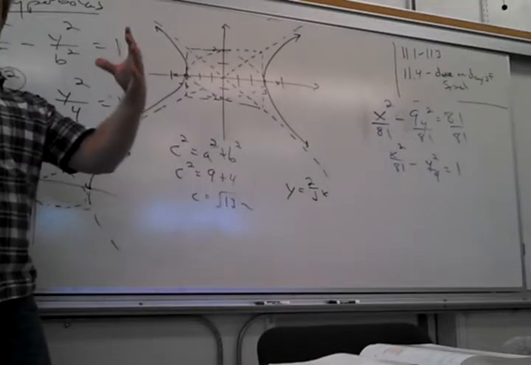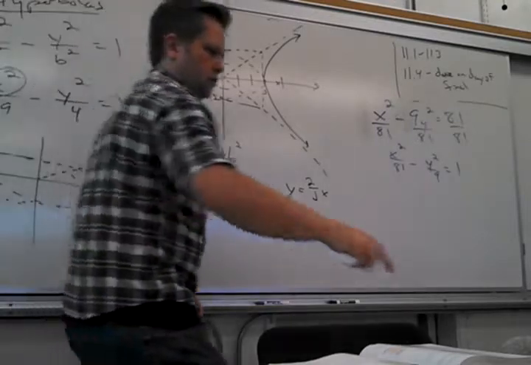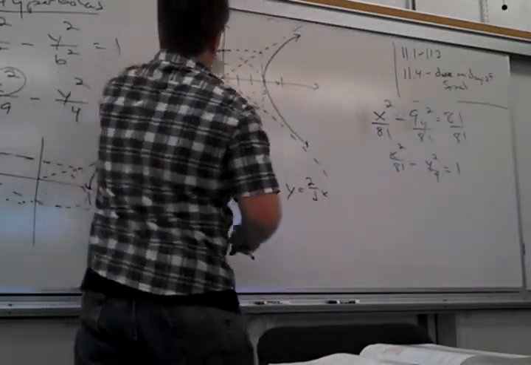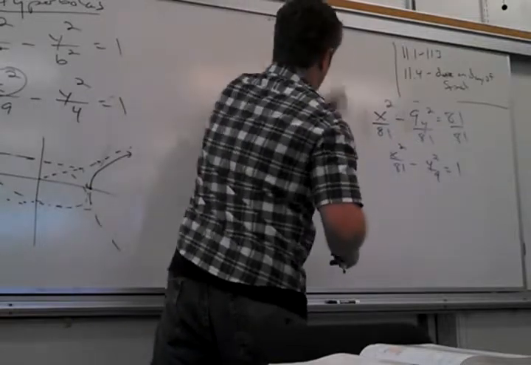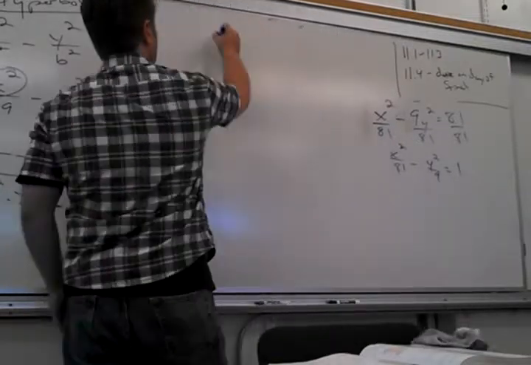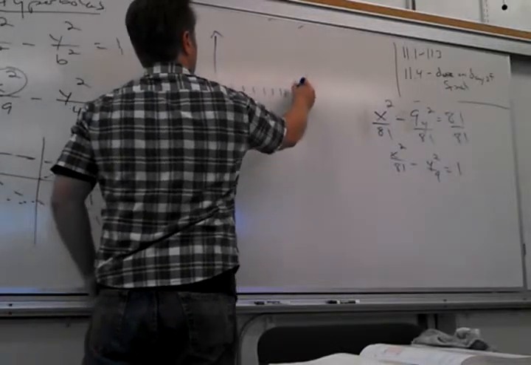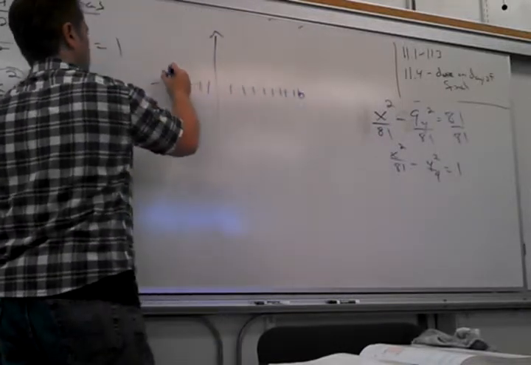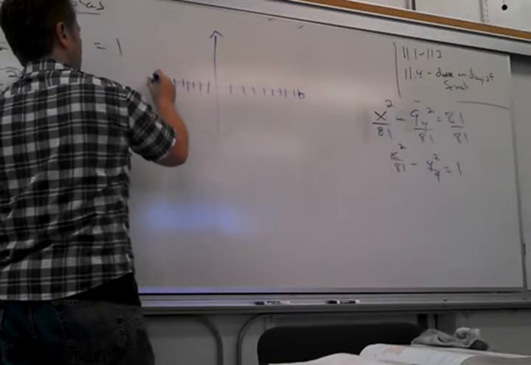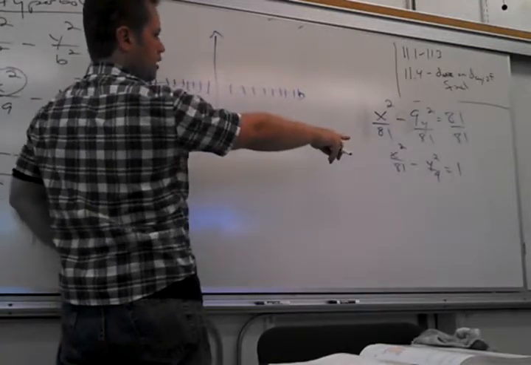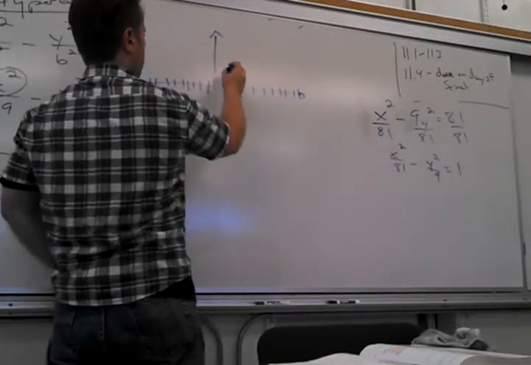So then how would you construct your rectangle? X is 9, negative 9. Good, and your Y is 3, negative 3.